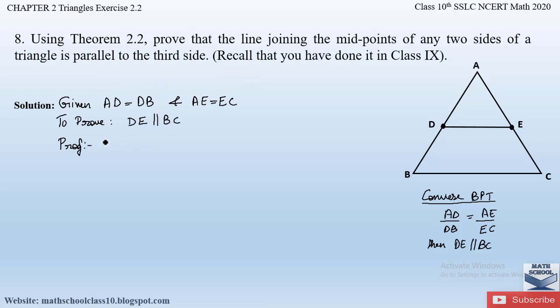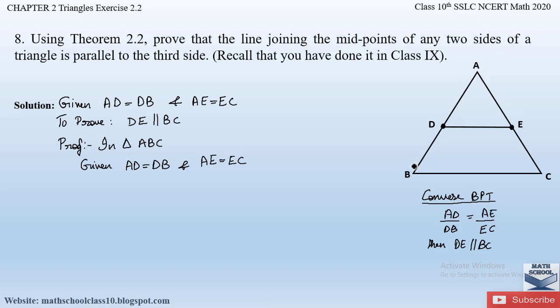So let us first write down, in triangle ABC, what is given in the statement. It is given AD is equal to DB and AE is equal to EC. Let us take this as a hint to prove this question. Write down, given AD is equal to DB and AE is equal to EC. Also they are saying the line joining the midpoints of any two sides.